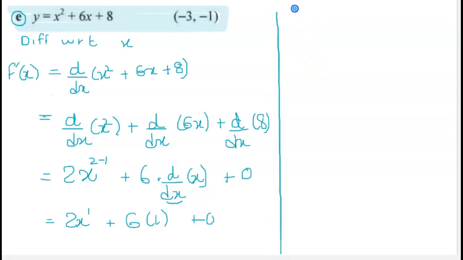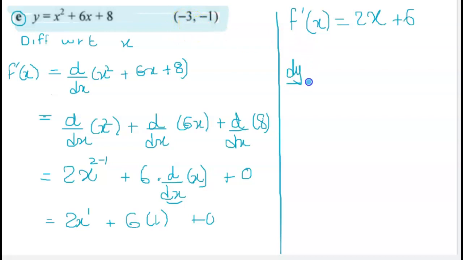Then that will become f dash x, which is 2x plus 6. Now I need to do it at that point, when x is -3.